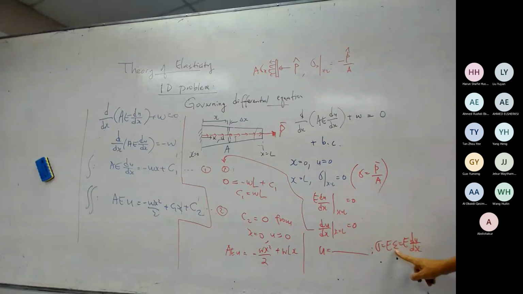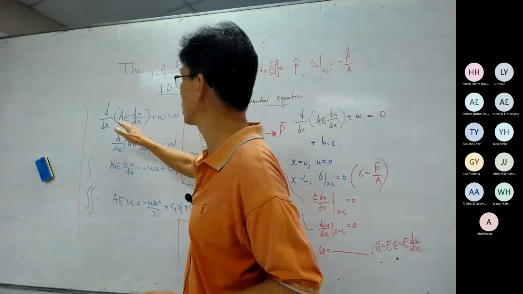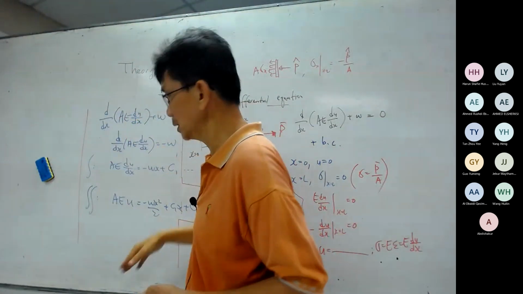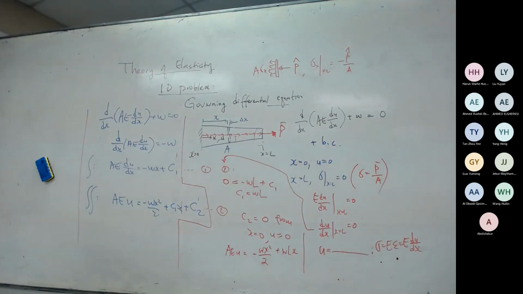These equations you need to know. In this example, AE is constant, E constant, W constant. If they are not constant, the integrations will become more complicated and lengthy, but the process will be the same, and you need to know how to integrate different functions of x.